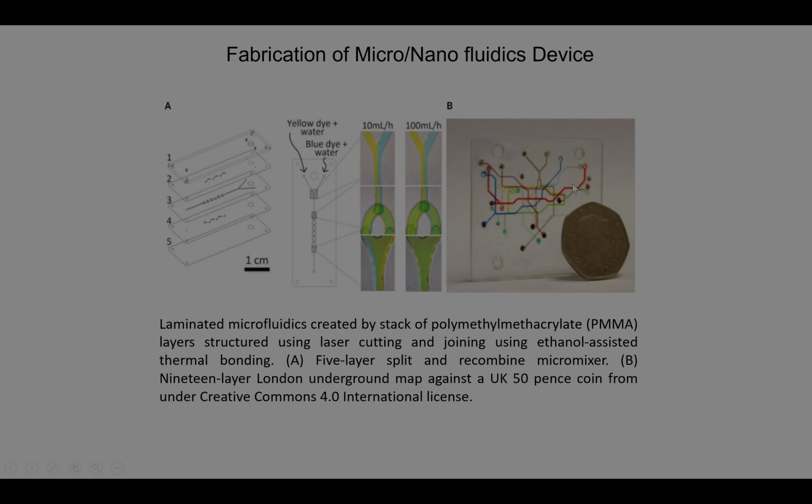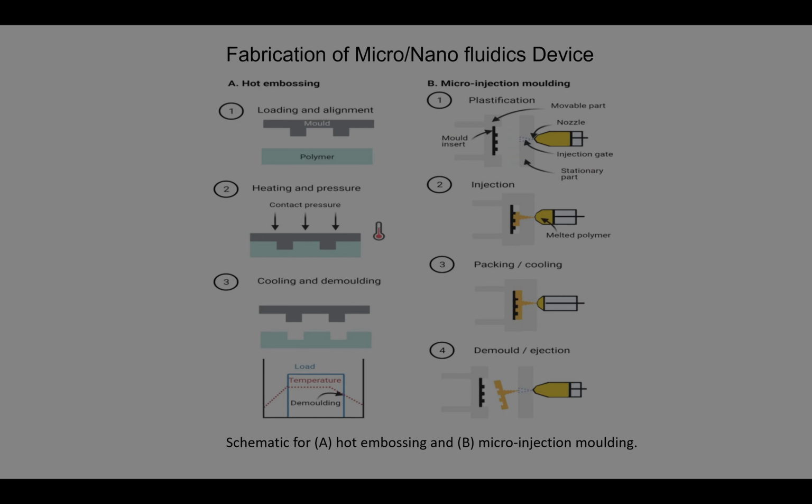So this is a five-layer split and recombine micromixer. This is a 19-layer London underground map against two UK 50 pence coins, shown for the size of the device.